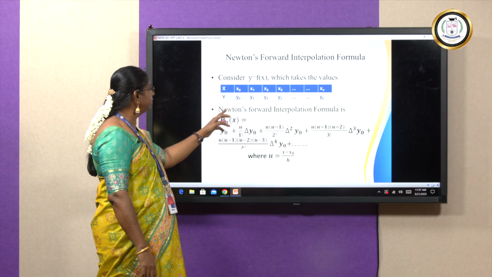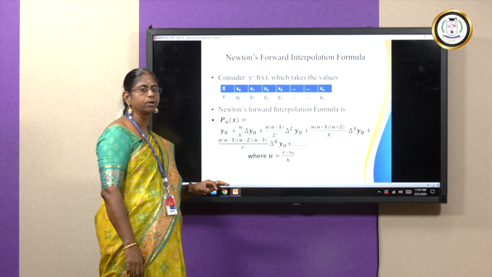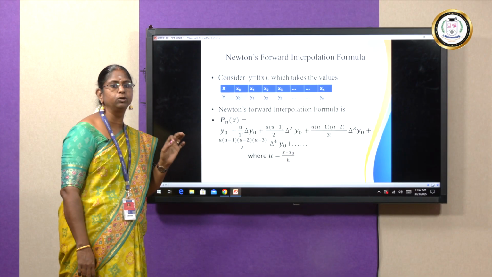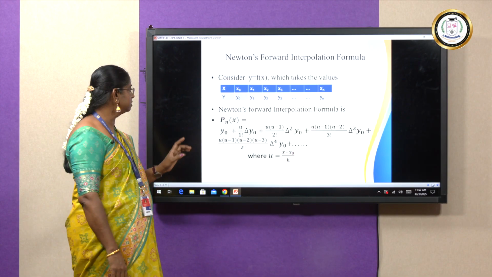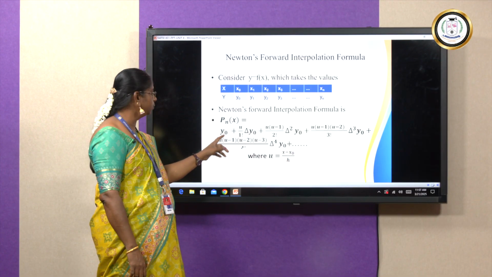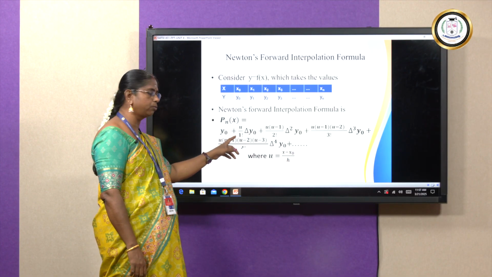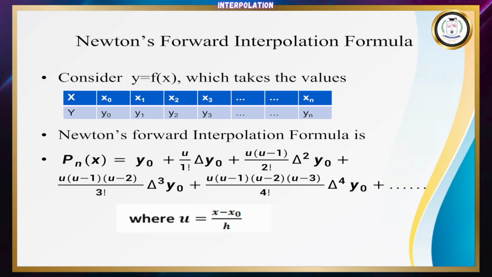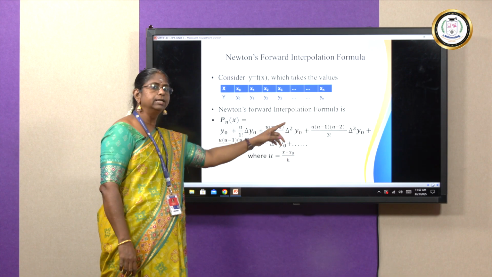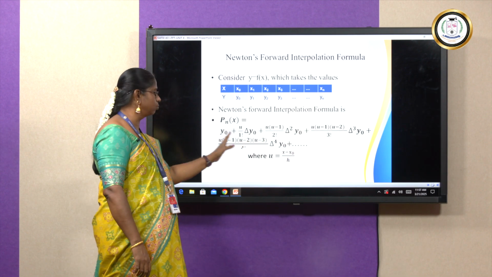Now, what is Newton's forward interpolation formula? It is given as a polynomial. It is called the interpolating polynomial. So that is Pn of x is equal to y0 plus u by 1 factorial delta y0 plus u into u minus 1 by 2 factorial delta square y0 plus u into u minus 1 into u minus 2 by 3 factorial delta cube y0 plus and so on.